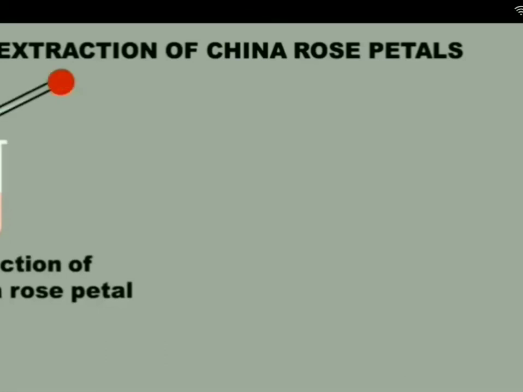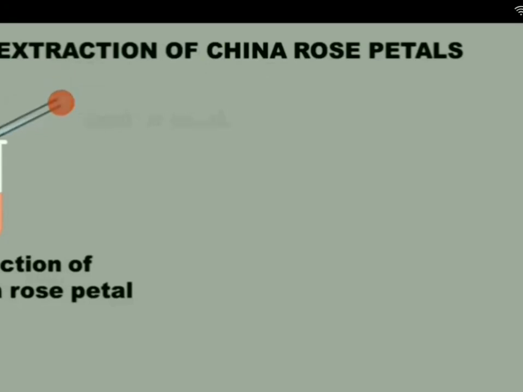Now extraction of China rose solution, China rose petals. The flower petals you have to take, put in water, heat it a little and extract the China rose petal. You can put a drop of acid. At home, you can put any acid like lemon juice, orange juice, vinegar. You will get a magenta or reddish color.